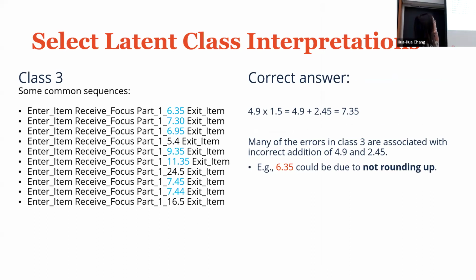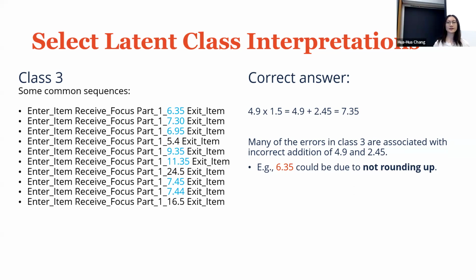Some of the most common sequences here included misconceptions that involve things like 6.35, which is one kind of incorrect response. Just to explain a little bit, enter, exit, receive focus is essentially putting the cursor inside the constructed response text box. And then part 1, followed by this number, is actually the action or the constructed response submitted by the student.